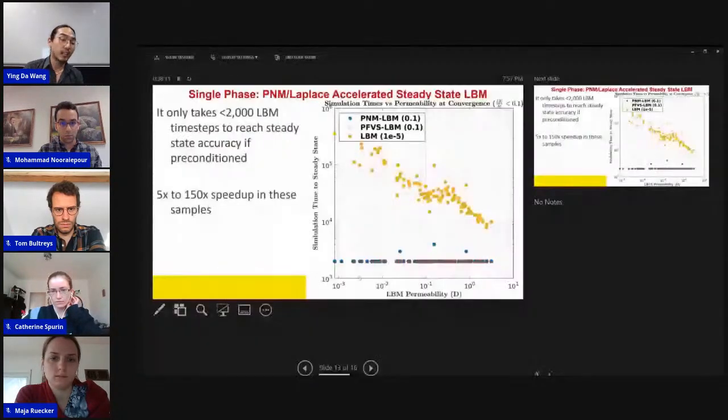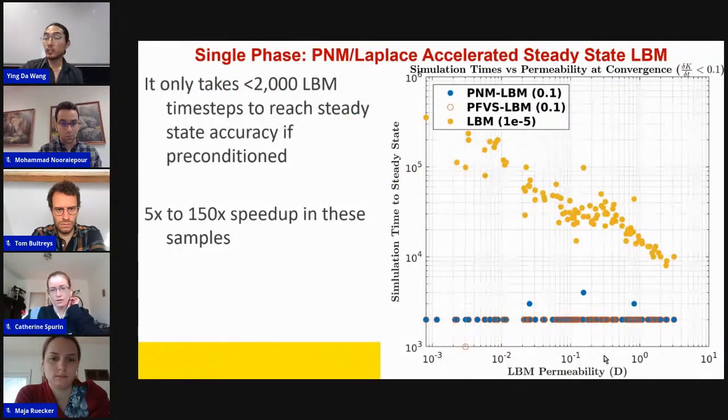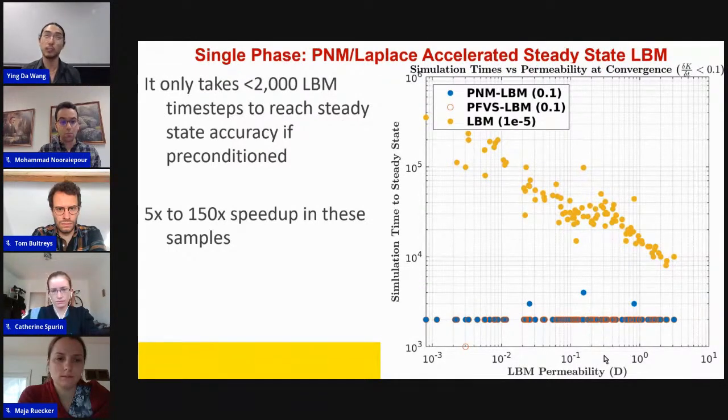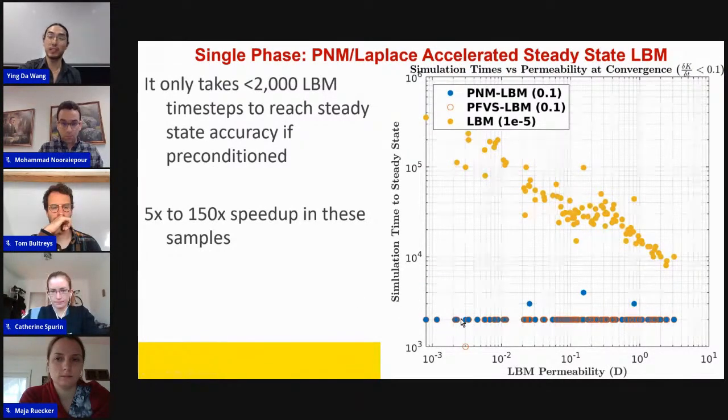And if you take a look at the kind of time required, here for this particular data set of 100 samples of 256 cubed with a permeability that ranges from 0.7 millidarcies all the way up to 3.5 darcies, it's about 4 orders of magnitude. You can see that for the accelerated methods, PNM LBM and PFVS Laplace LBM, the simulation time is right on 2,000 time steps for pretty much all of the samples.